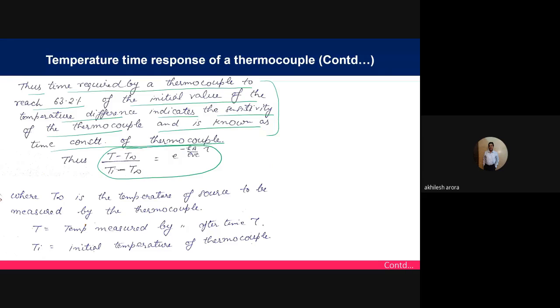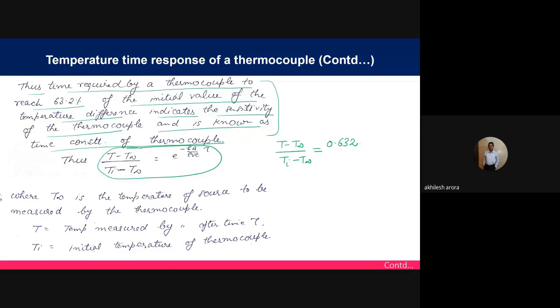So I am saying that (T minus T infinity) divided by (Ti minus T infinity) should be equal to 0.632. So that will reflect the time constant or the sensitivity of the thermocouple.